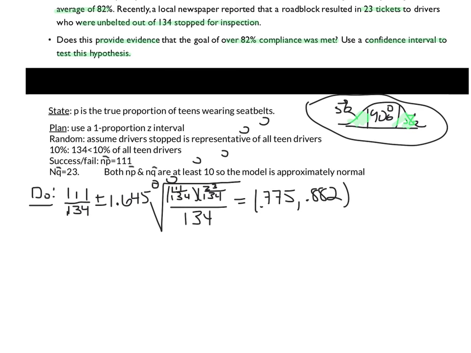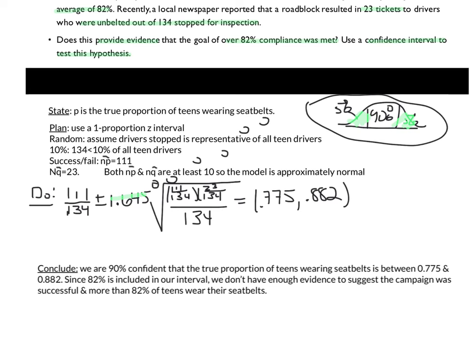Remember, the z star value for a 90% confidence interval is 1.645. And then we find our standard error. We would do the square root of our successes, 111 over 134, times 23 over 134, and then divide the entire result by 134. We should get approximately 0.775 to 0.882.